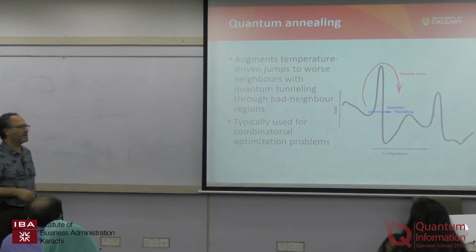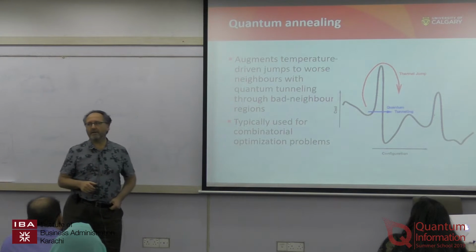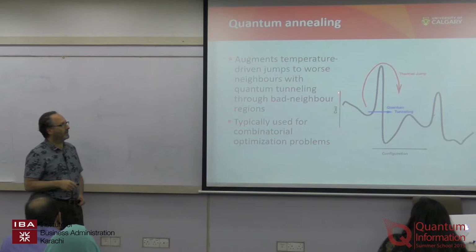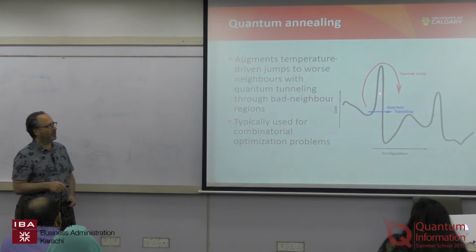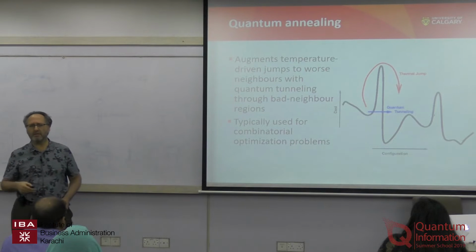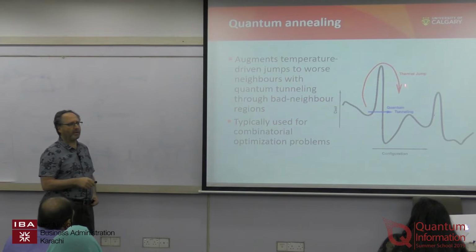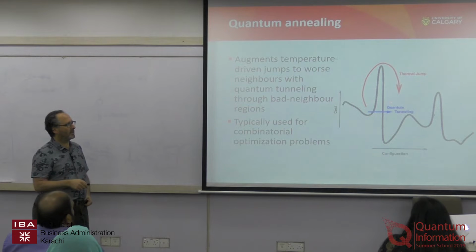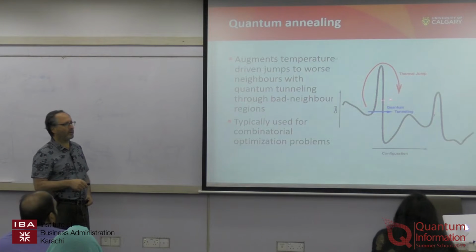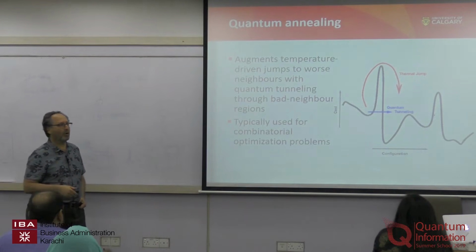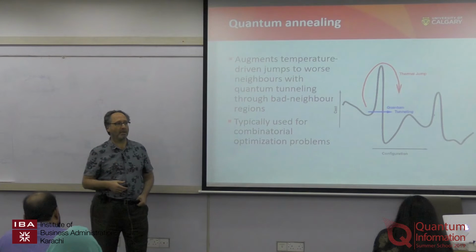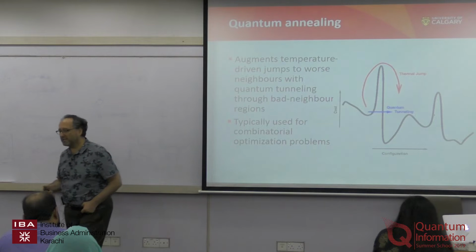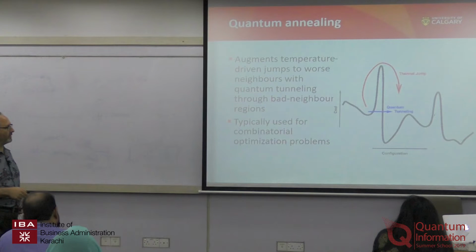The concept is that if we build a machine that's quantum mechanical, then in addition to the thermal jumps, we get tunneling through tall, thin barriers. The tunneling time goes as the area under the barrier, the height times the width. So a high barrier with a narrow width has a small area, and the small area gives a reasonable probability for a quantum tunneling event.